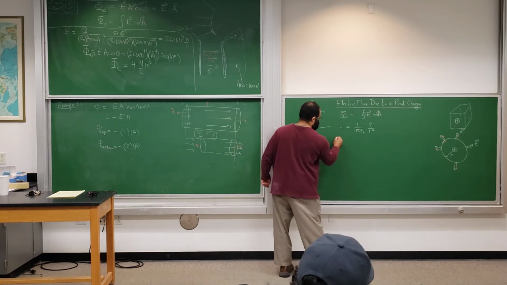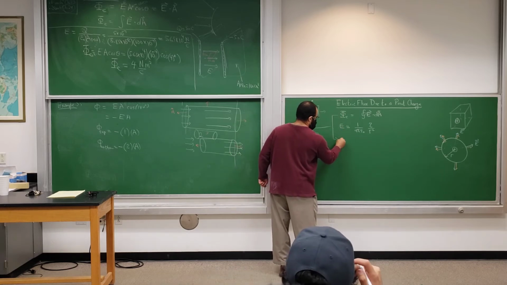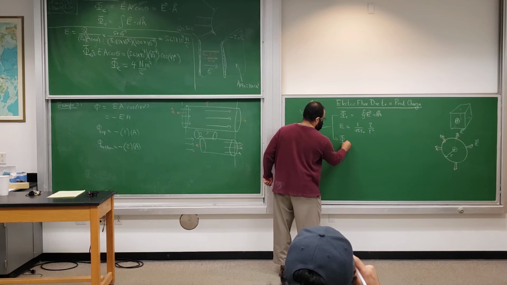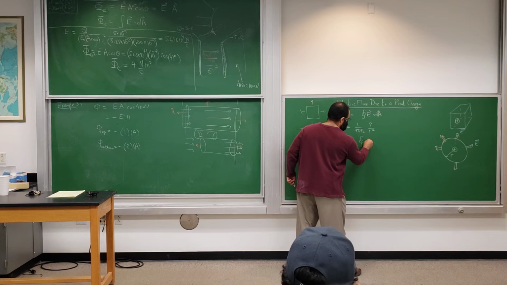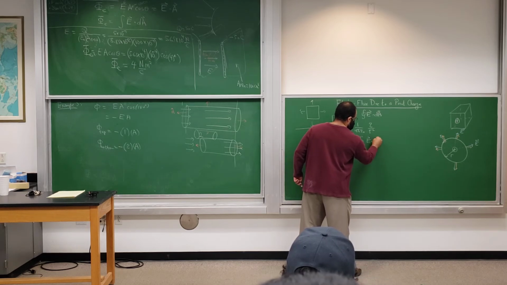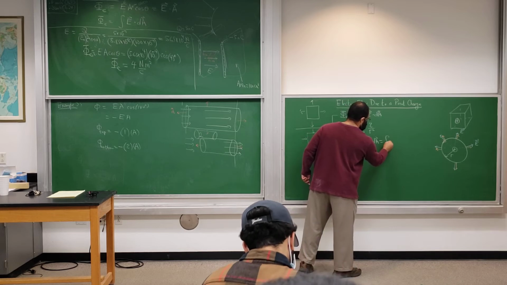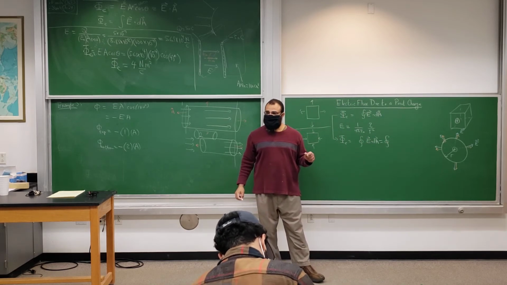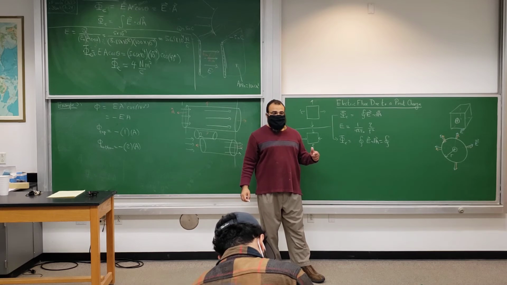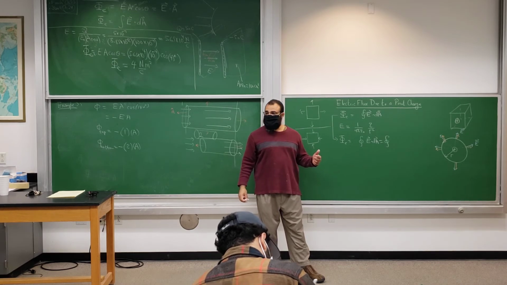So let's use this. The electric flux due to the enclosed charge will equal the integral of E dot dA. Since E and dA are always parallel to each other, E dot dA reduces to just E times dA.